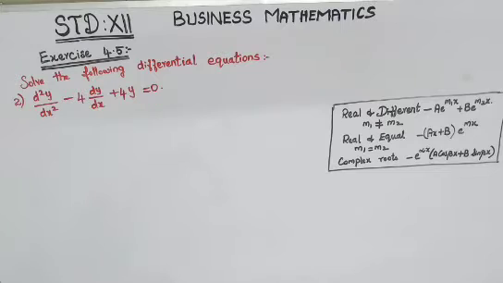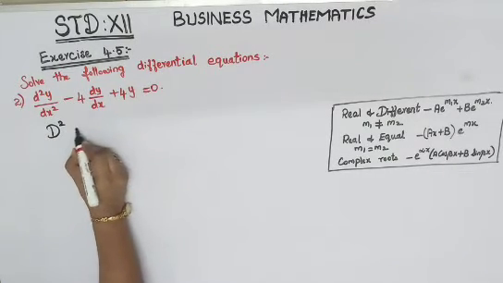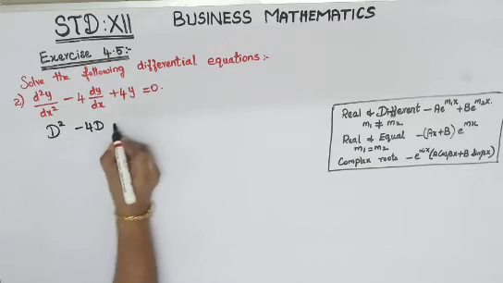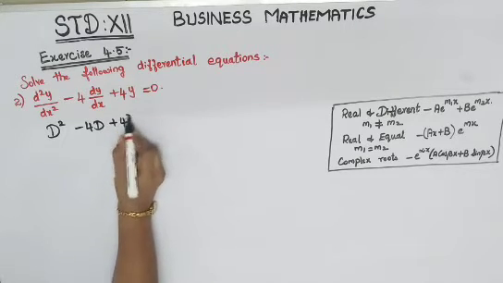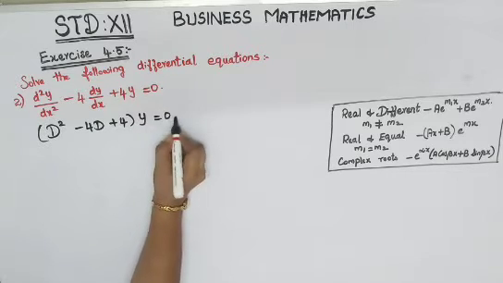Second question, d square y by dx square minus 4 into dy by dx plus 4y is equal to 0. So now you will have to convert your question first to your capital D format, that is (D square minus 4D plus 4) into y, which is equal to 0.